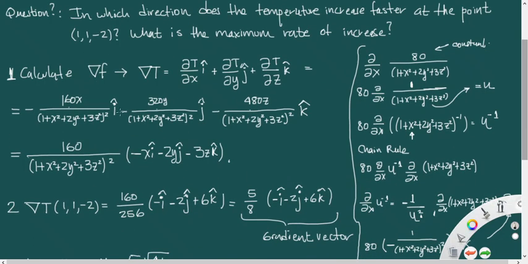If we factorize this, because there is a common multiplier, we can write it as 160 divided by this, times minus x times the i component of the vector, minus 2 times y times the j component, minus 3 times z times the k component.